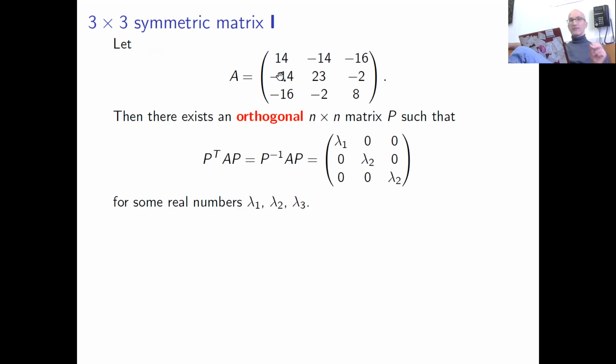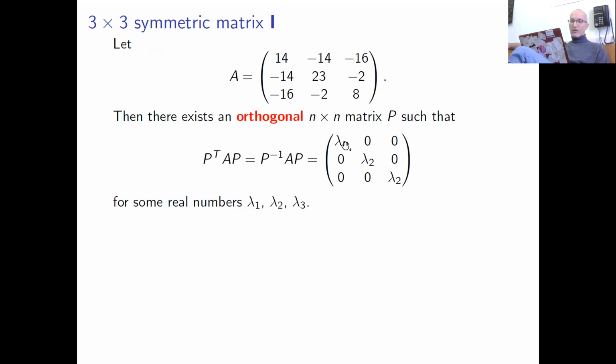Again, if a matrix is not symmetric, it's not orthogonally diagonalizable. You should not even think about this. It may be diagonalizable, but definitely not orthogonally if it's not symmetric. But this one is symmetric, so it's definitely orthogonally diagonalizable by our main theorem of this lecture. So we just need to find a matrix P such that P transpose AP is diagonal and P is orthogonal.